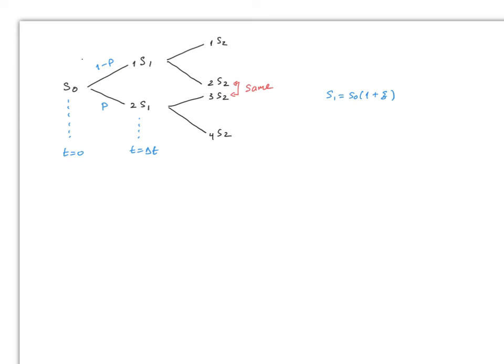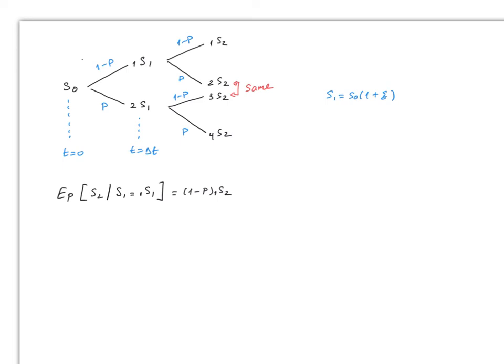So let's say that I ask you to find the conditional expected value with respect to P of S2 given that S1 is equal to S1 as 1, which means you end up here. Then that should be equal to 1 minus P times S2 as 1, which is this value right here. Remember the probabilities here remain the same. It should be 1 minus P. This is P, 1 minus P, and this is P.